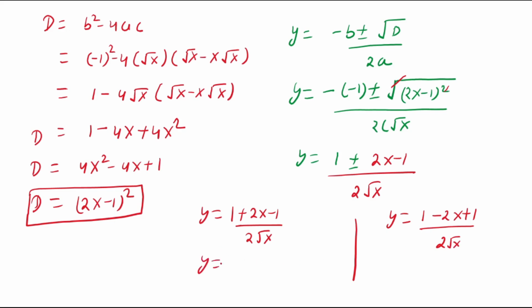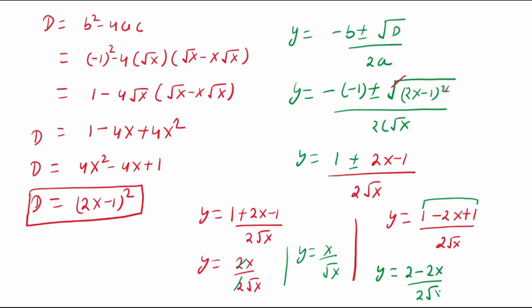Then here y equals 1 and this negative 1 is cancelled out. Then 2 times x over 2 times square root of x, and this 2 is cancelled out. Then the value of y is x over square root of x. For the other sign, y equals 1 plus 1 is 2 minus 2 times x divided by 2 times square root of x.